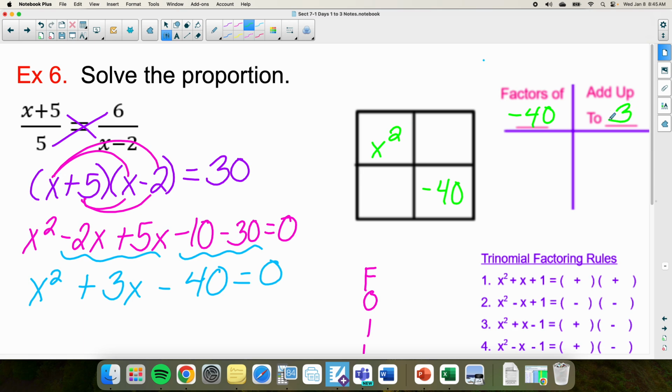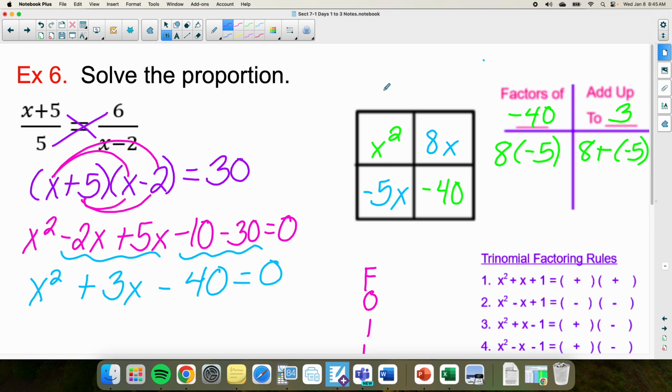So we're going to think of two factors that give us negative 40 so that they add up to a positive 3. So the bigger number is going to be your positive one. What would that be? 8 and a negative 5, because 8 plus a negative 5 is 3, okay? So one of these is 8x, one is negative 5x.